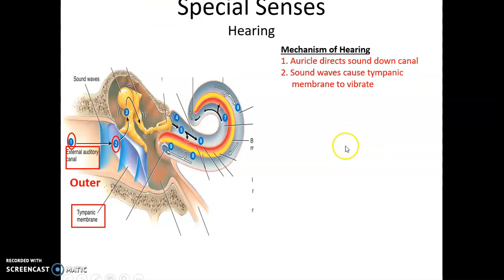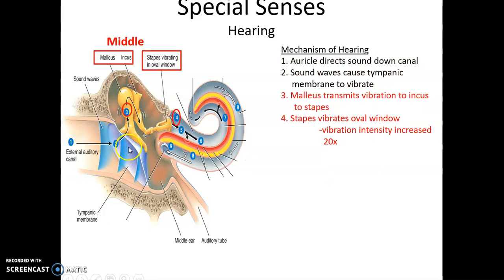So the way this all works is we have sound waves. These are air pressure waves traveling down the external auditory canal. They collide with the tympanic membrane, causing it to vibrate. The vibration of the tympanic membrane then transmits to the malleus, which then transmits to the incus, which then transmits to the stapes. And the stapes then fits into the oval window.